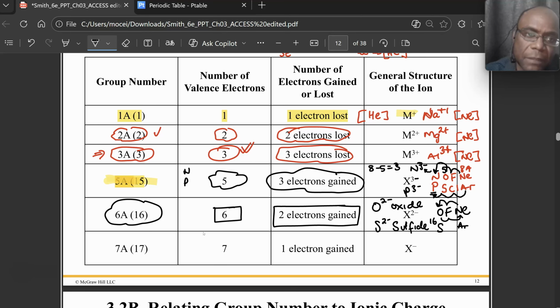Sulfur has atomic number 16, argon has 18 electrons, 18 protons. Chlorine should be in the middle. So you're going 2 steps to argon, you have to gain 2 electrons. And because it's gaining, the charge will be negative. So 2 electrons means you are 2 steps to the 8. So that means you are at position 6. That means you are at main group 6.